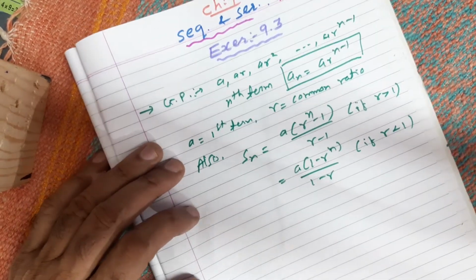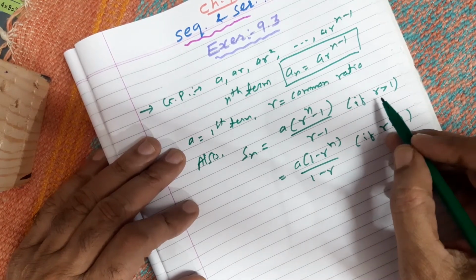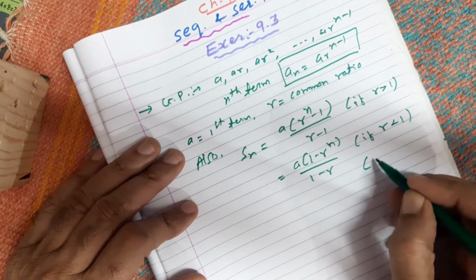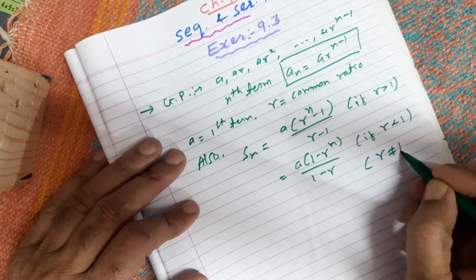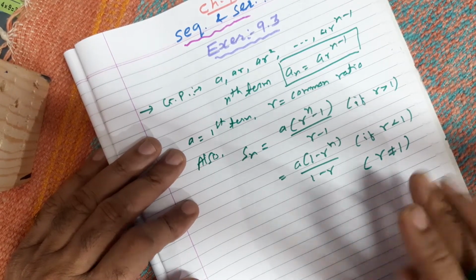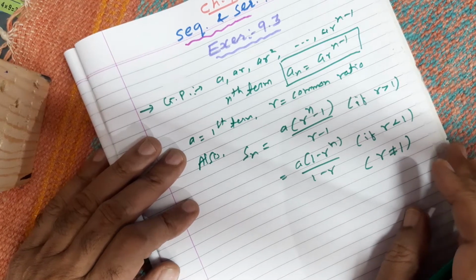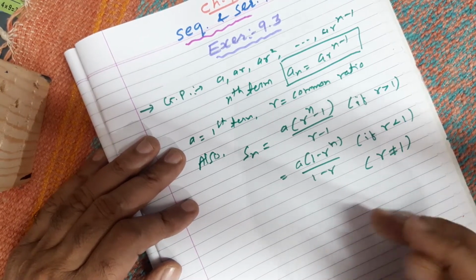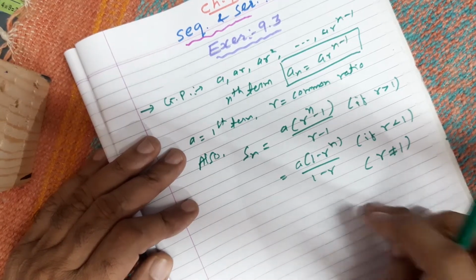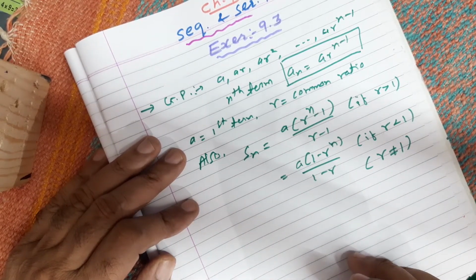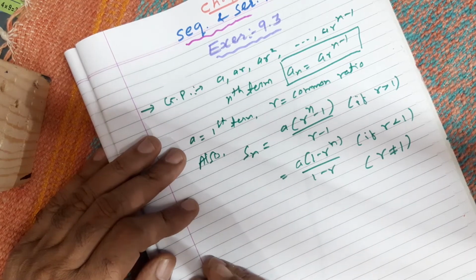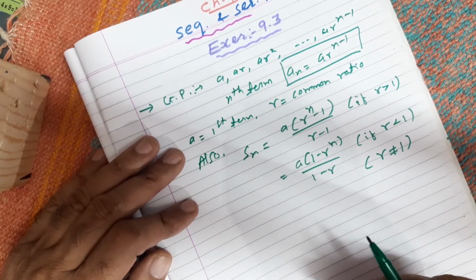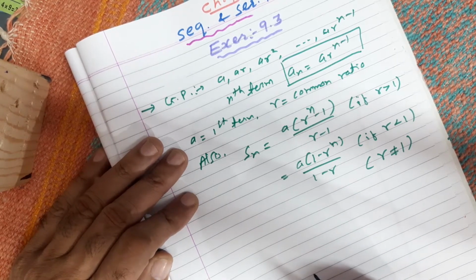In both the cases, what is our observation, friends? r is either more than 1 or less than 1. That means, remember that r is not equal to 1. Common ratio can never be 1. Because if the common ratio is 1, what sequence will it make? For instance, say 3, 3, 3, 3, 3, like that. Because 3 upon 3 is 1, again 3 upon 3, any two consecutive terms' ratio is 1, but that is not a geometric progression.